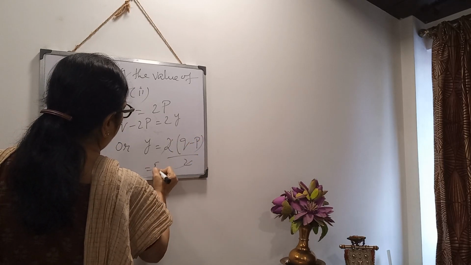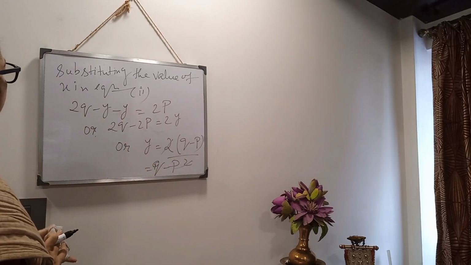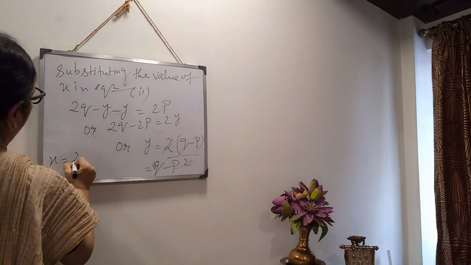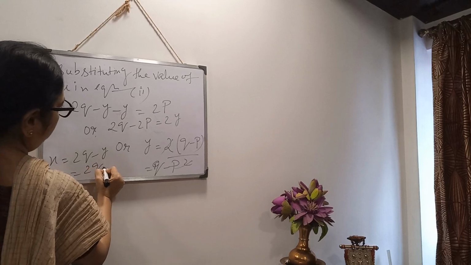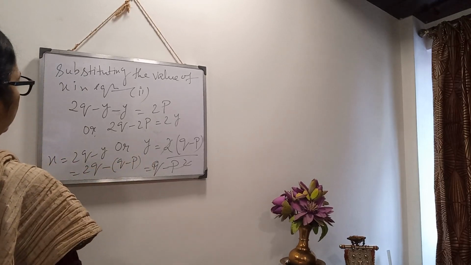So my y is q minus p and I will put the value of y in that equation. x equals to, I had 2q minus y. Now put the value of y here, q minus p. Clear?